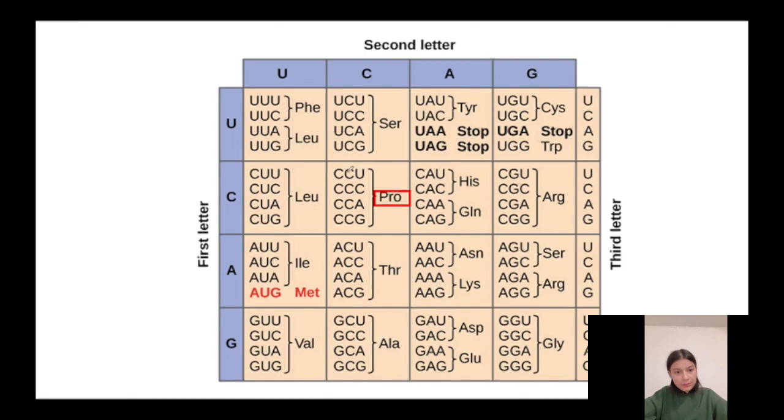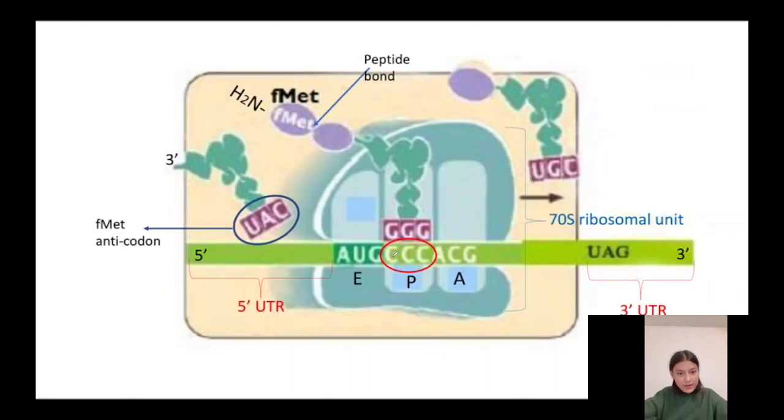So if we know that proline can either be CCU, CCC, CCA, or CCG, what we do is go back here, we find this mRNA sequence, which corresponds to a proline, which tells us that proline is located right here, which was carried by tRNA that had an anticodon that had a sequence that matched with the messenger RNA codon here. So this is probably the carrier of your proline.